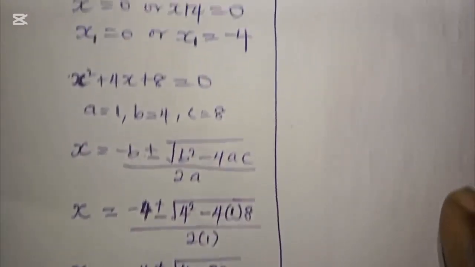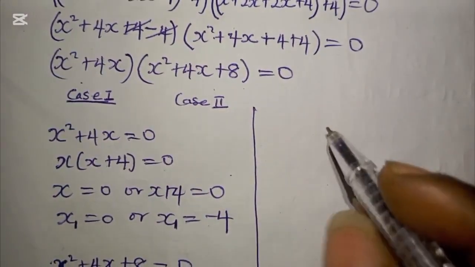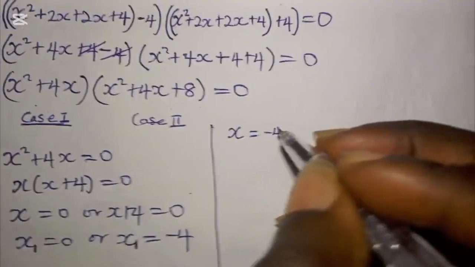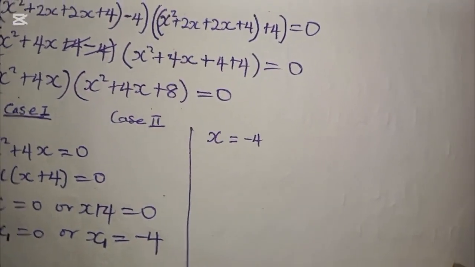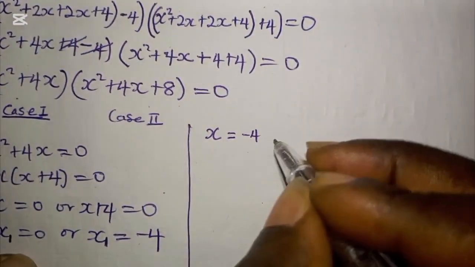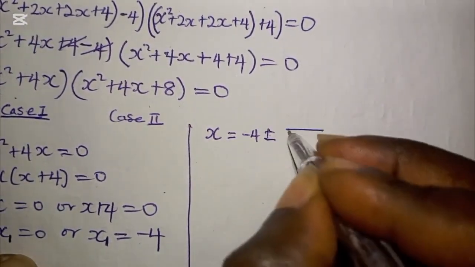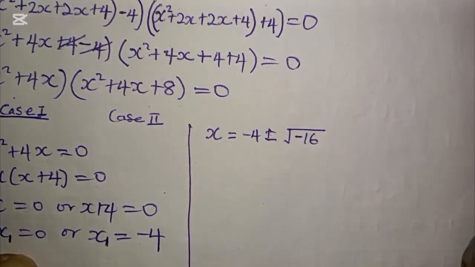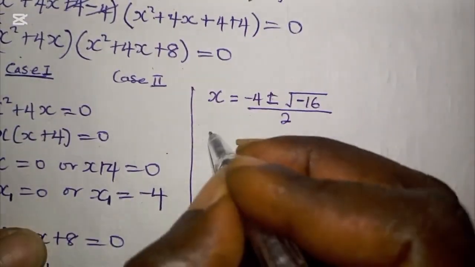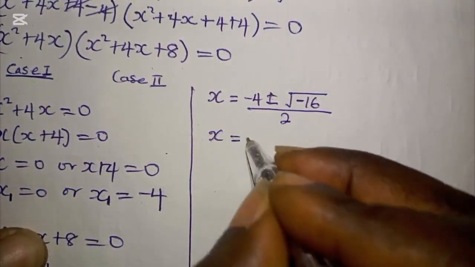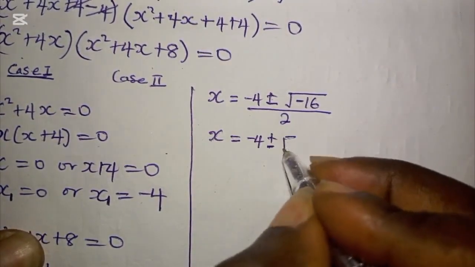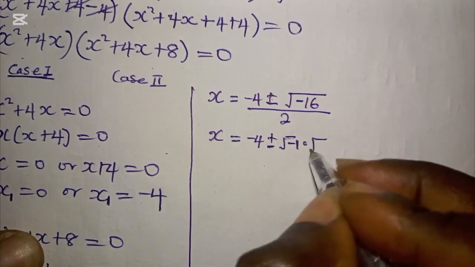So from here, we can continue. Here, we can now see x equals minus 4 plus or minus square root of minus 16, divided by 2. So we now have x equals minus 4 plus or minus, we have minus 1 times 16.